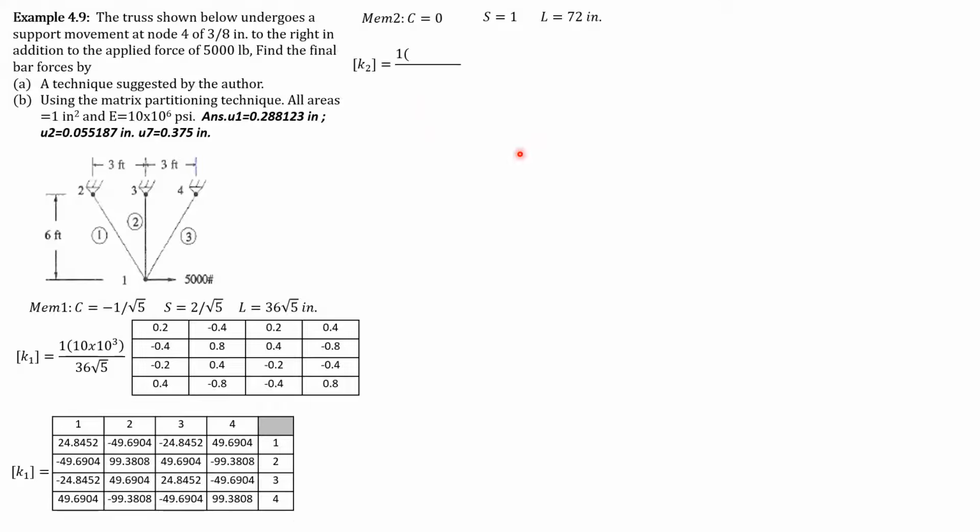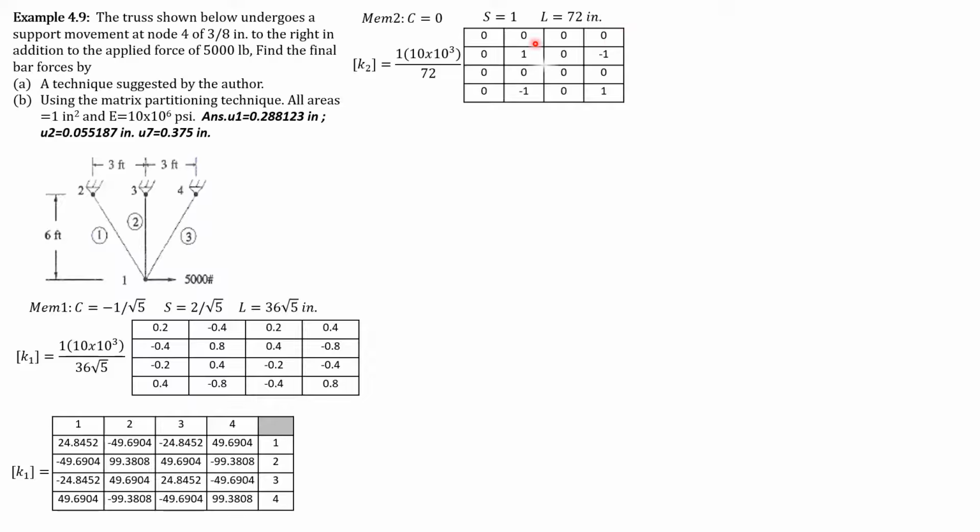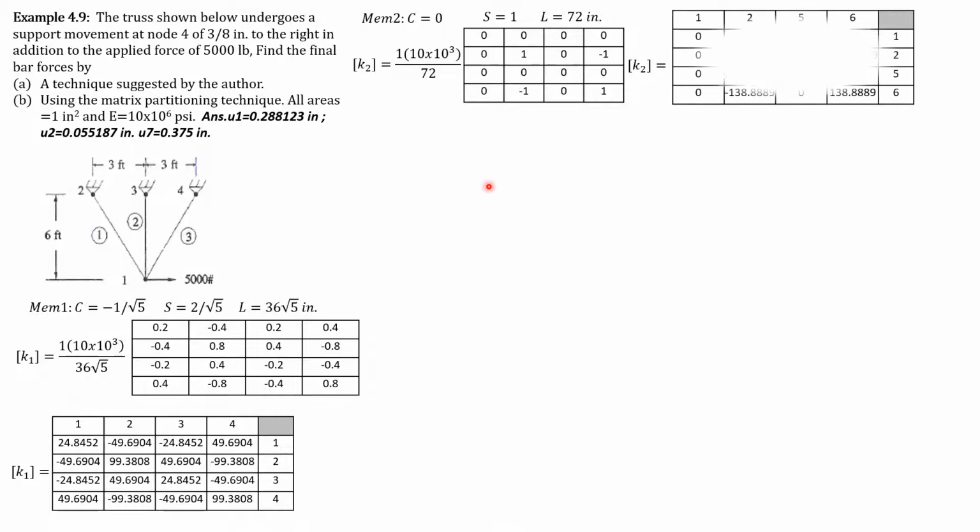So substitute K2, 1 times 10 times 10 to the 3 over 72 times quantity 0, 0, 0, 0. Then 0, sine squared is 1. Then their negatives. Then negative of row 1, or copy this 2 by 2 matrix here. This 2 by 2 matrix here. So combining with 10 times 10 to the 3 over 72, that would now be the results.